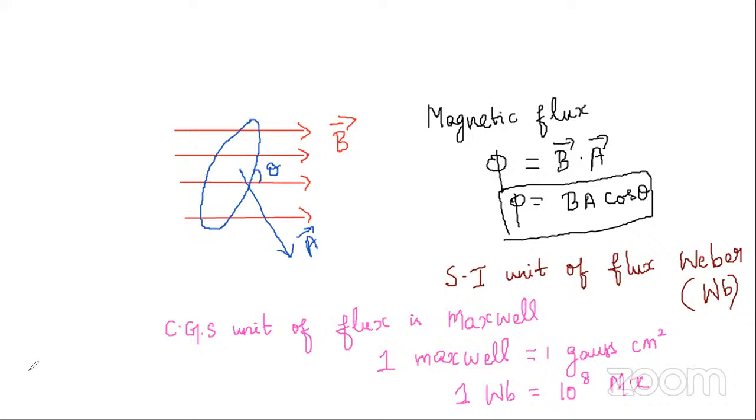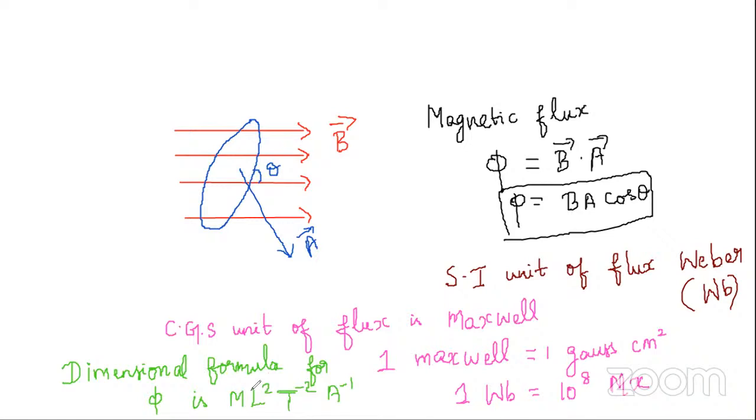The dimensional formula for magnetic flux phi is M L squared T power minus 2 A power minus 1. This is the dimensional formula for magnetic flux.